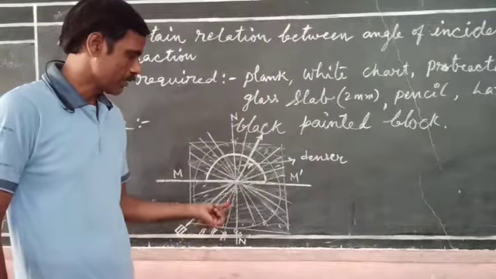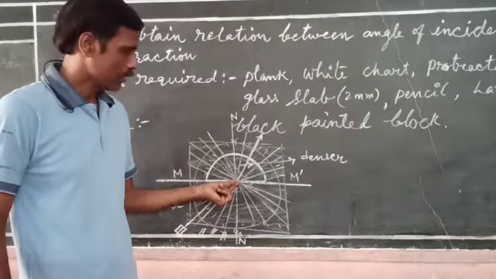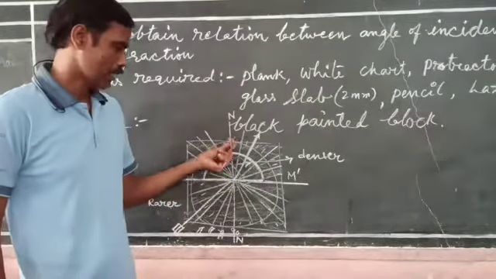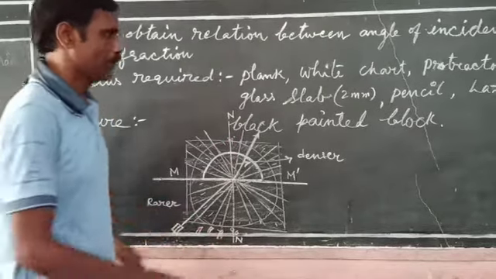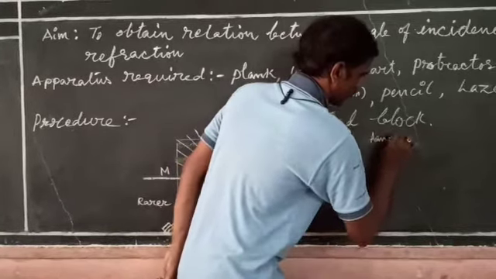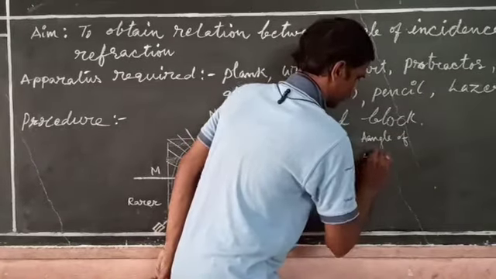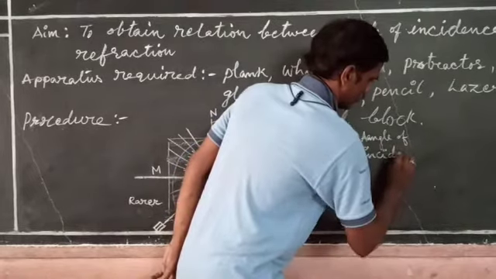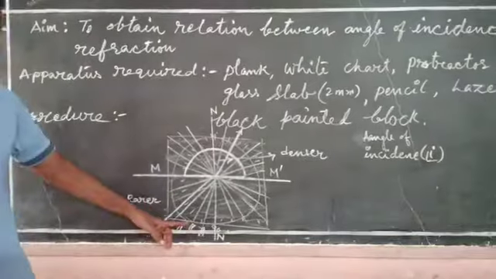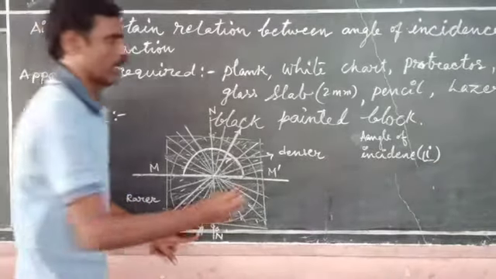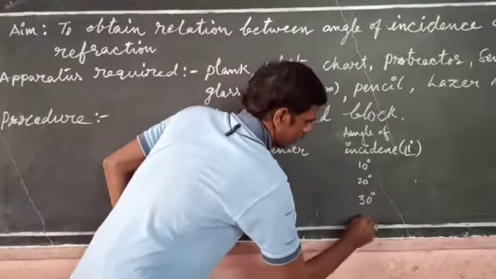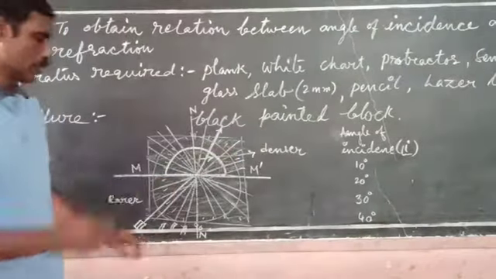Now the laser light will pass through the glass slab and refract from the other side. In each case of angle of incidence, angle I, take them as 10 degrees, 20 degrees, 30 degrees, 40 degrees and so on.